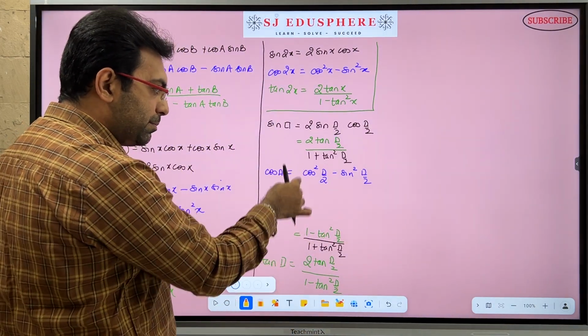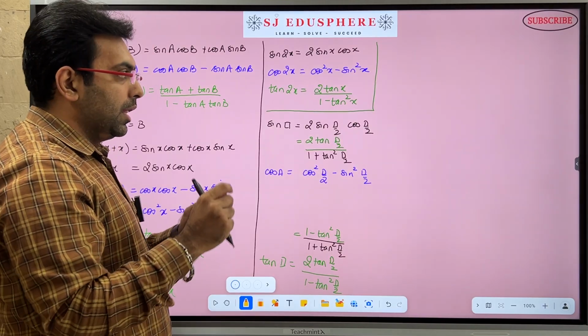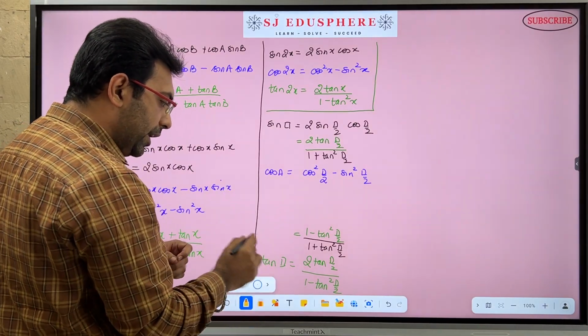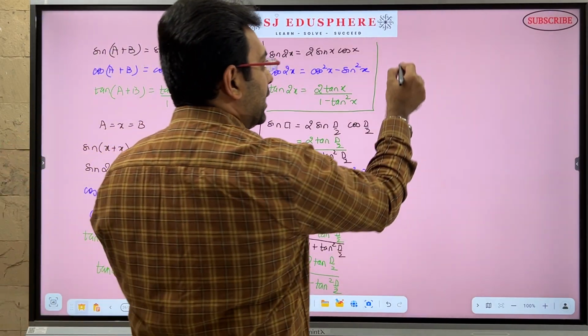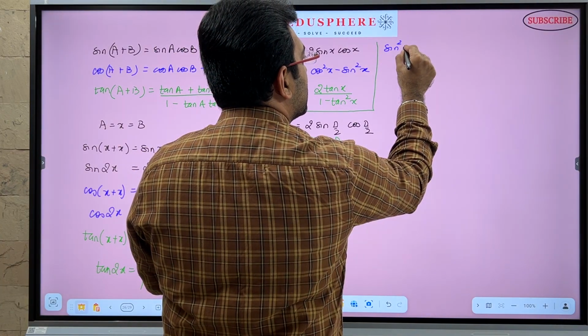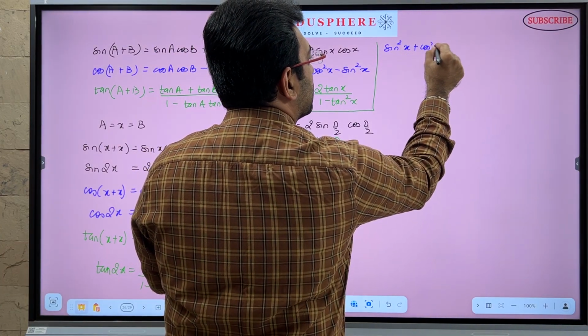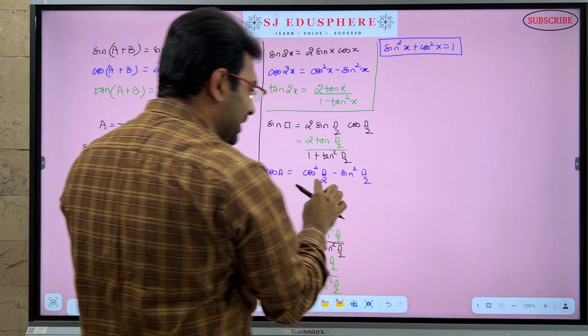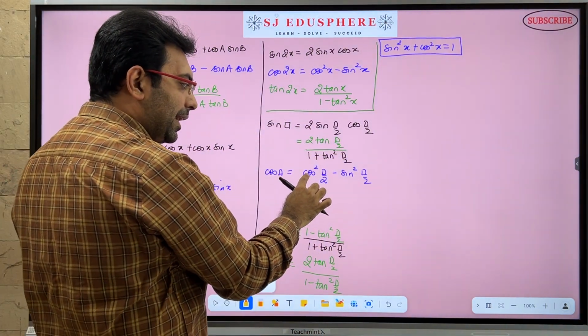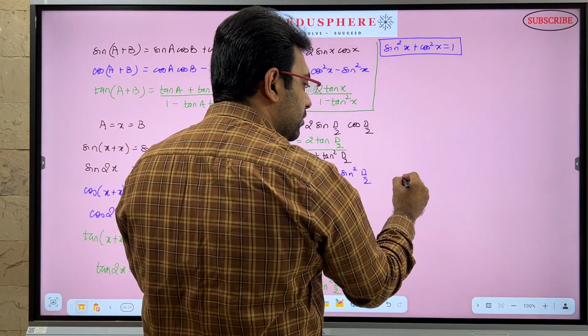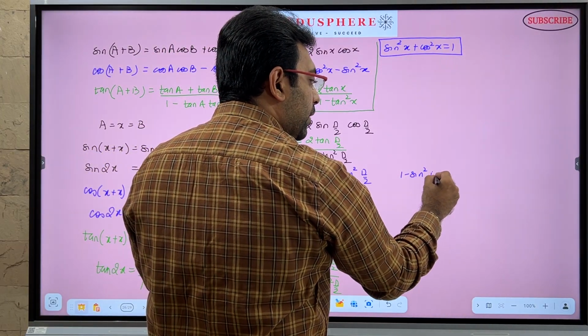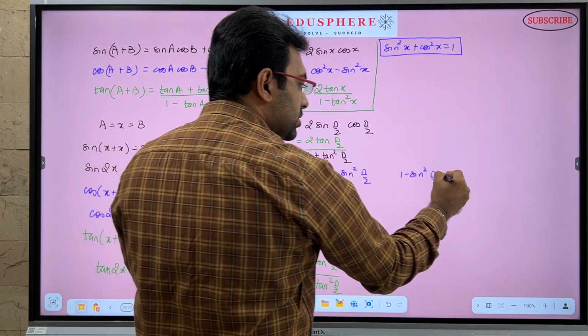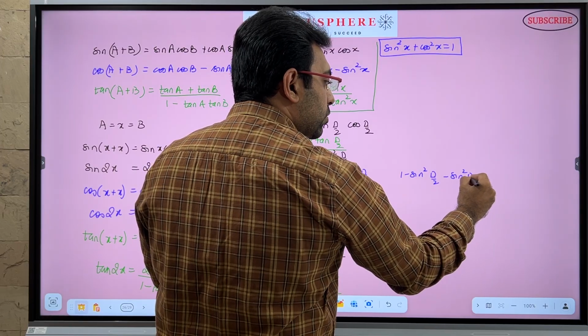Now, let us break this formula further. The identity which you already know in your 10th standard is sin square x plus cos square x is 1. Can I say, look very carefully, can I write cos square as 1 minus sin square box by 2 and you still had a sin square box by 2?